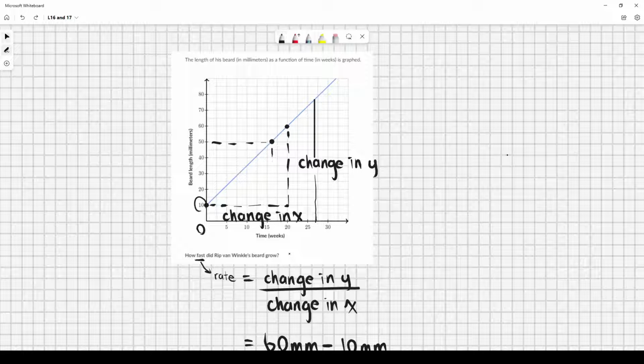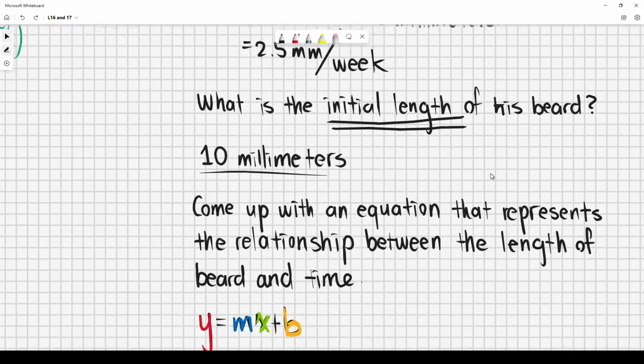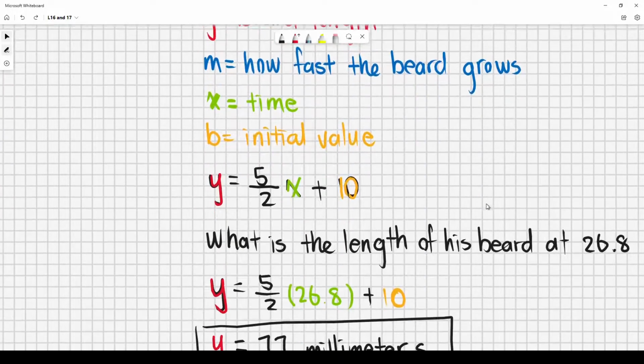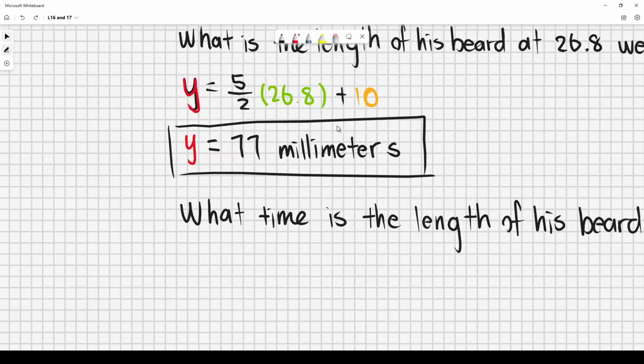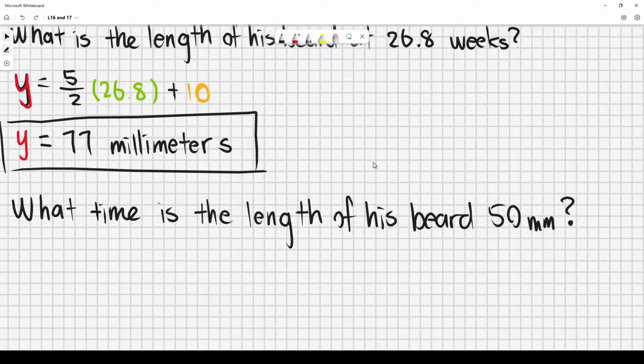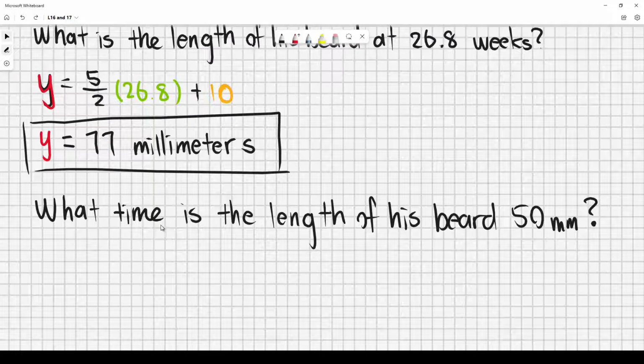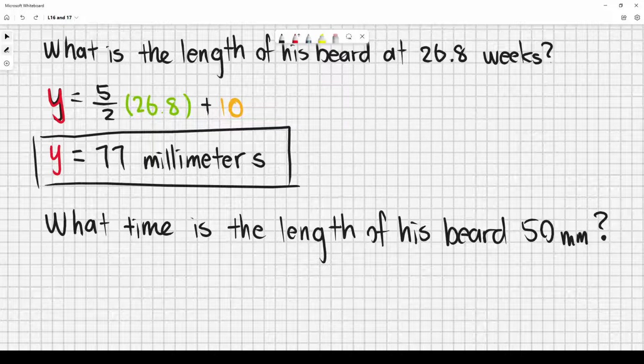Essentially, at this point, what is the time? So you cannot really tell from looking at the graph, but as I was talking about, that's why the equation is helpful. So there's my equation. At what time is the length of the beard 50 millimeters? Let you give it a try. 2 minutes.